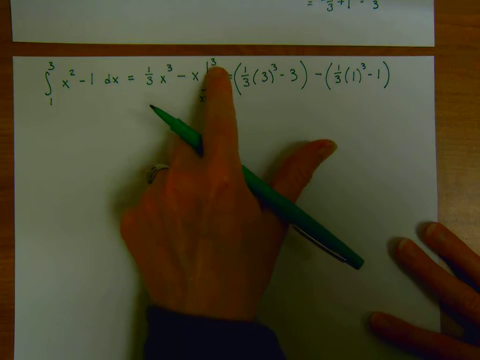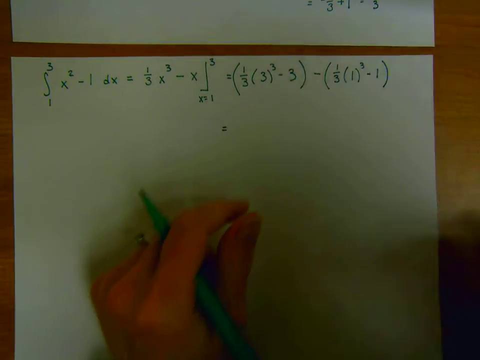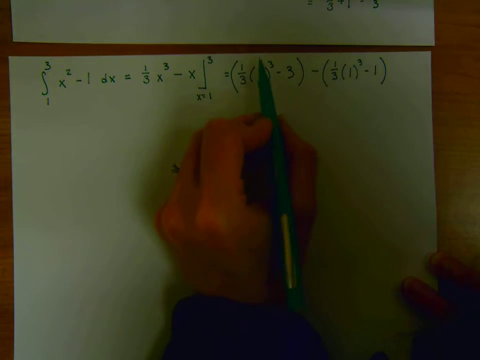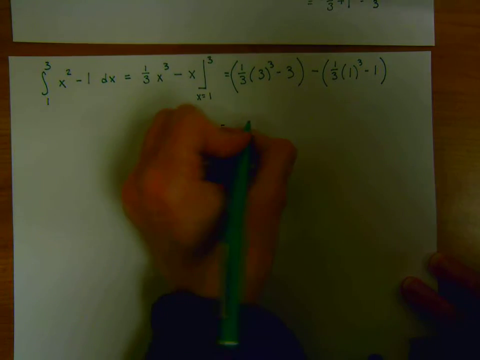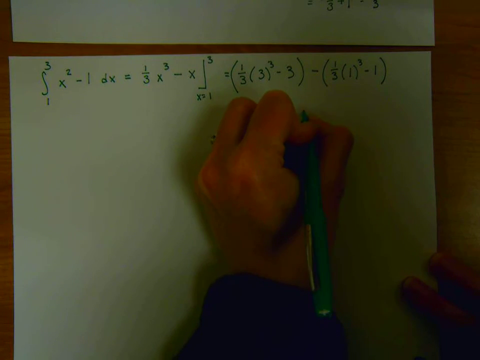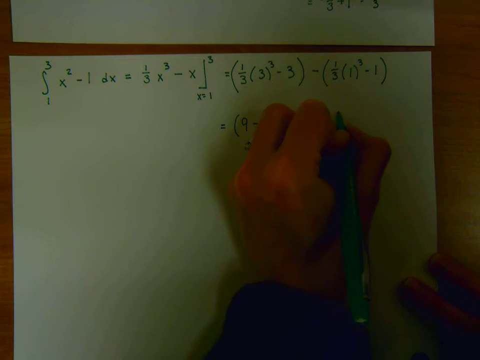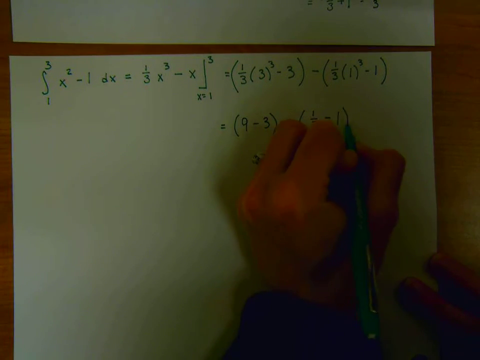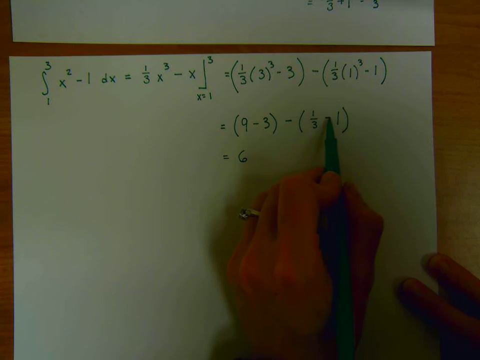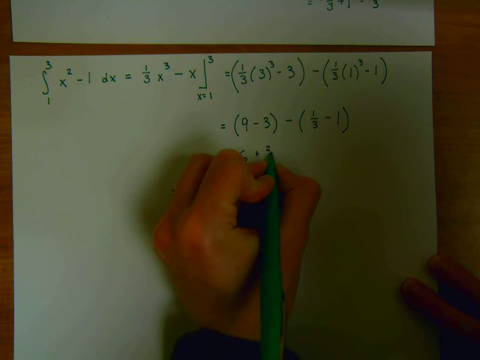Of course, we plug in our upper bound and then subtract out the lower bound, because we want to know what the net change is. So what is this? 3 cubed is 27, divided by 3 is 9, minus 3, minus 1/3 minus 1. 9 minus 3 is 6. 1/3 minus 1 is negative 2/3, so I get plus 2/3.